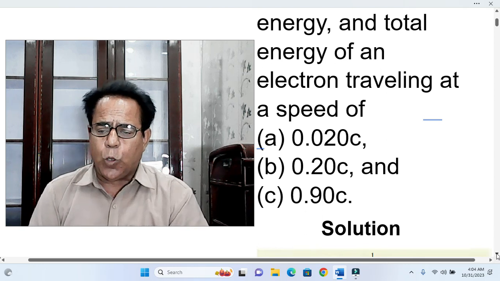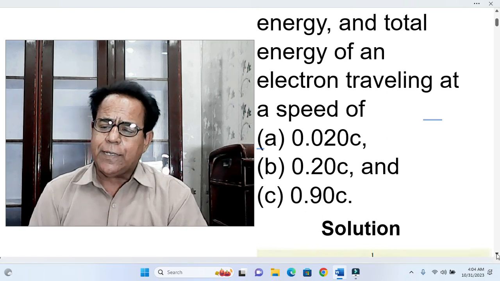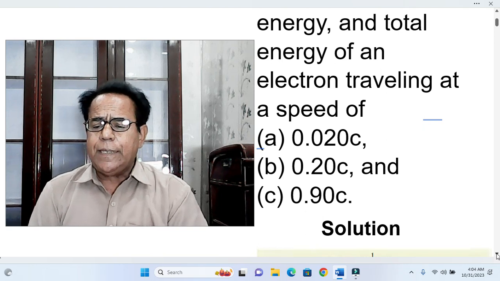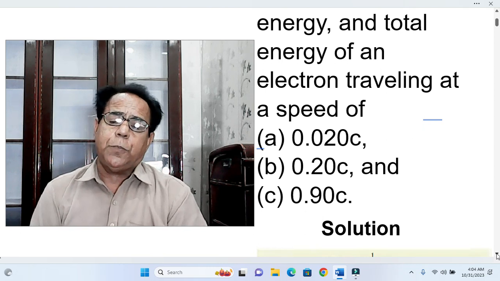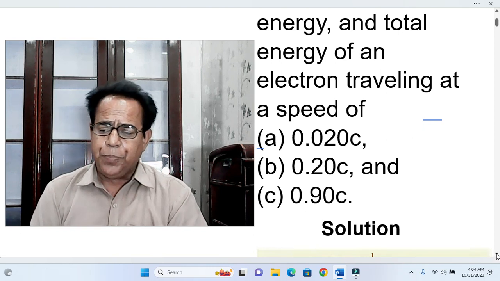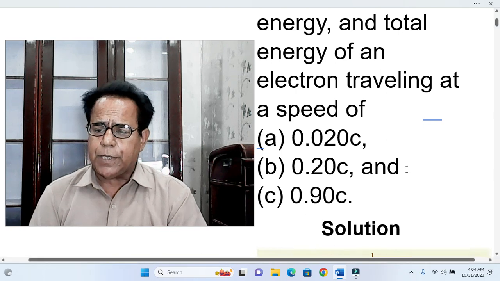Part B, 0.20c, that is to say about 20% of the speed of light. Part C, 0.90c, that is to say about 90% of the speed of light, where the speed of light is 3 × 10^8 meters per second.